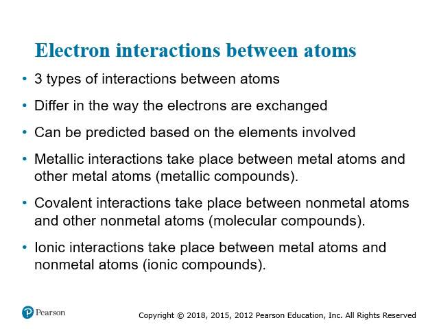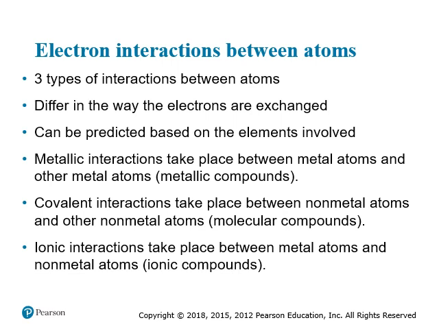There are three types of electron interactions that can take place between atoms that are coming into chemical combination. The three types differ in the way that the electrons are exchanged. It depends upon the nature of the atoms themselves, and there are predictions that can be made based on the nature of the elements.